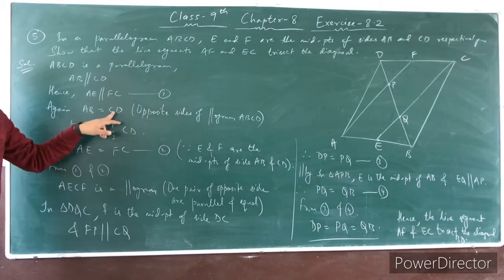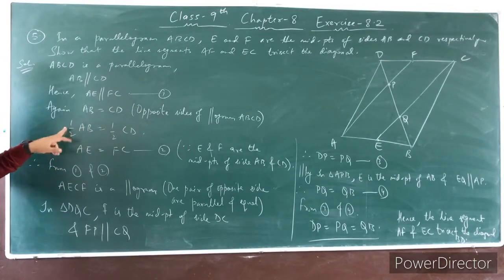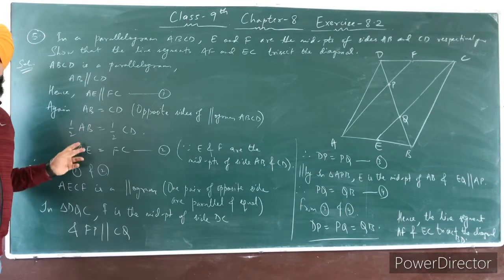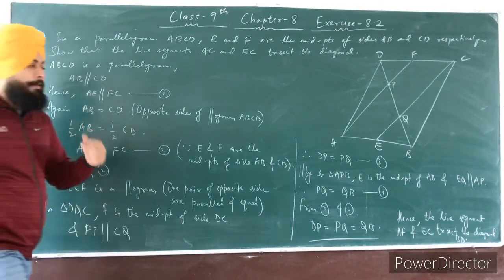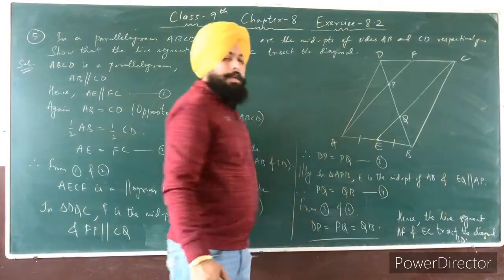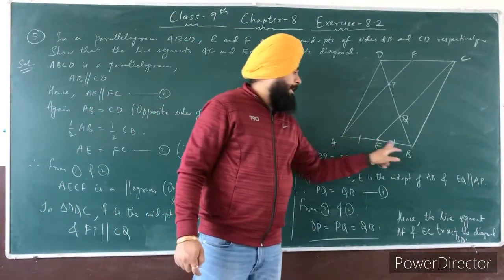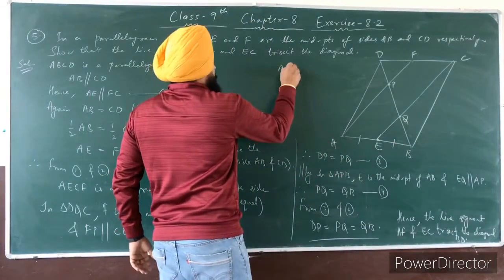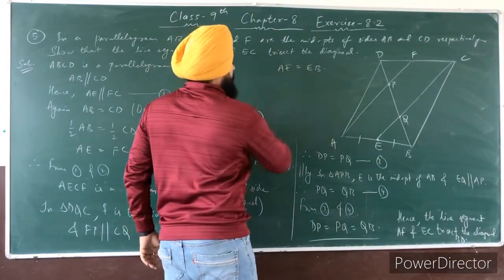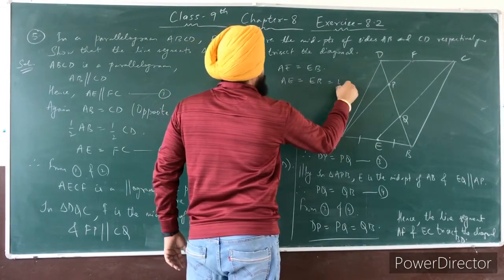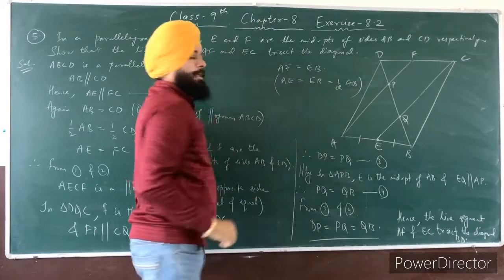Multiplying both sides by 1 by 2: 1 by 2 AB and 1 by 2 CD. So what is half of AB? Half of AB is written as AE, because E is the midpoint of side AB. That's why AE is equal to EB is equal to half of AB.